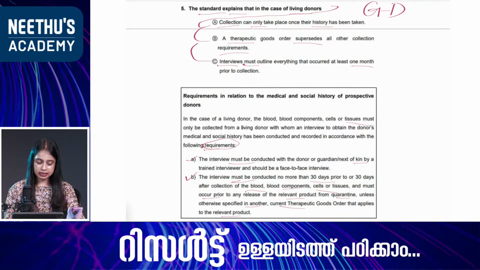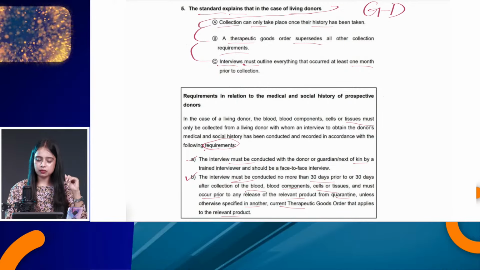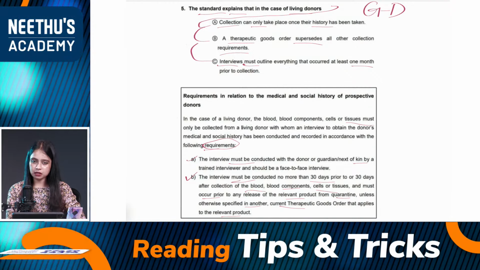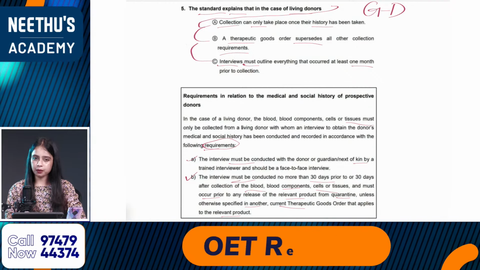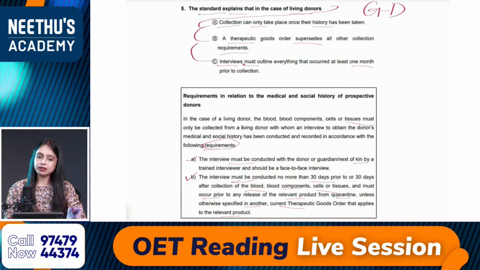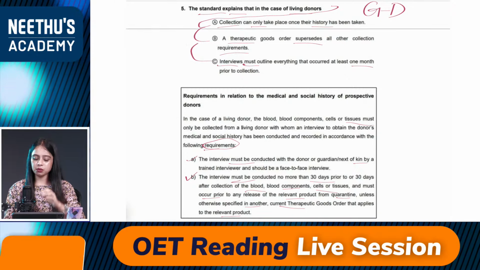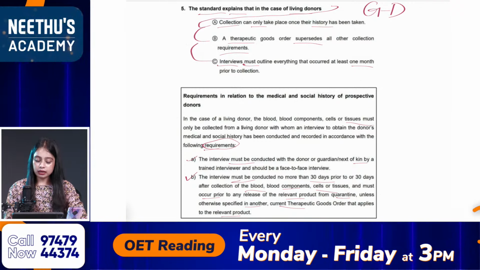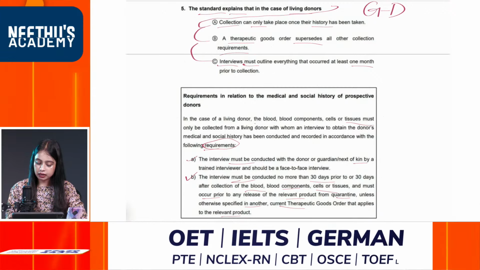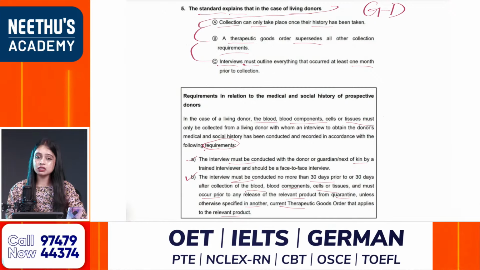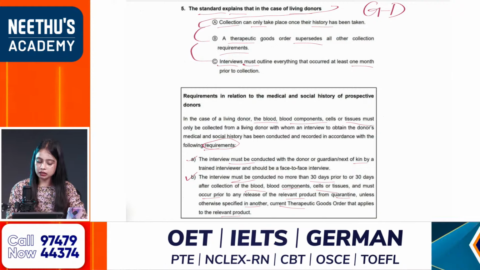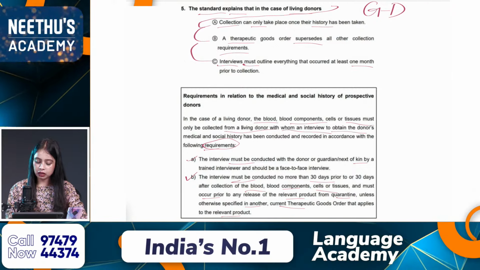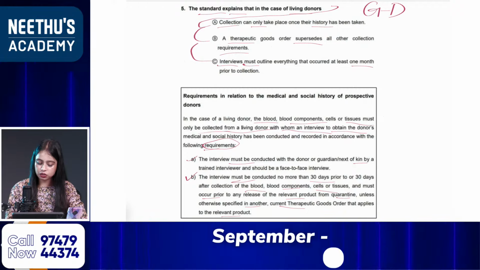Okay, so majority it's A. Let's see. Collection can only take place once their history has been taken. So what about the first sentence here? In case of a living donor, we are collecting these requirements, I mean this blood and blood components from a living donor. So in case of a living donor, the blood components, cells or tissues must only be collected. Only be collected, which means what? From a living donor with whom an interview to obtain the donor's medical and social history has been conducted.